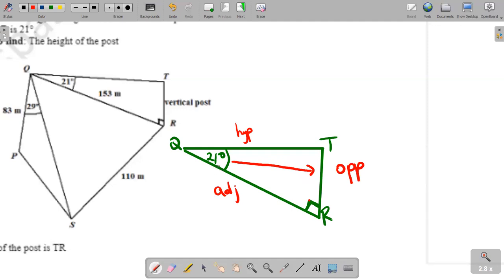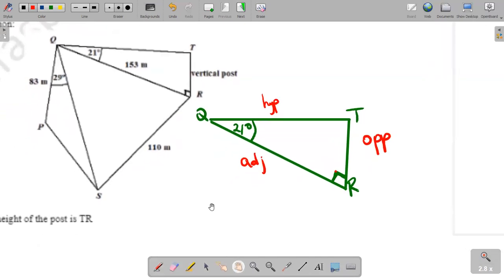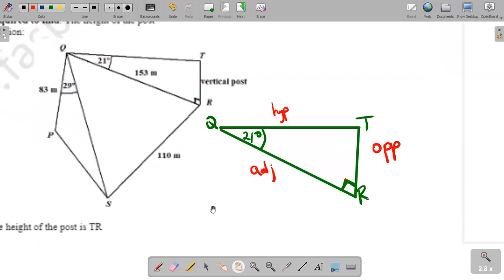Everybody see now what I'm trying to show you? Hypotenuse is opposite the 90 degrees. Opposite is opposite of the angle. Adjacent is next to the angle. If you get it now, tell me if you got it. Because if you ain't got it, we can't go no further. You get it now? Okay.